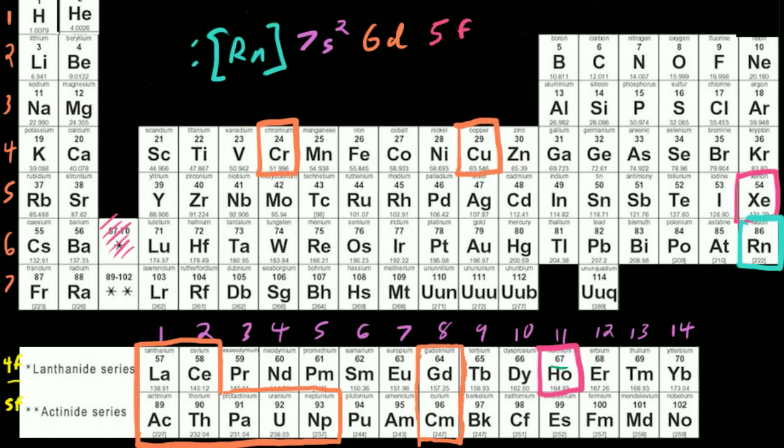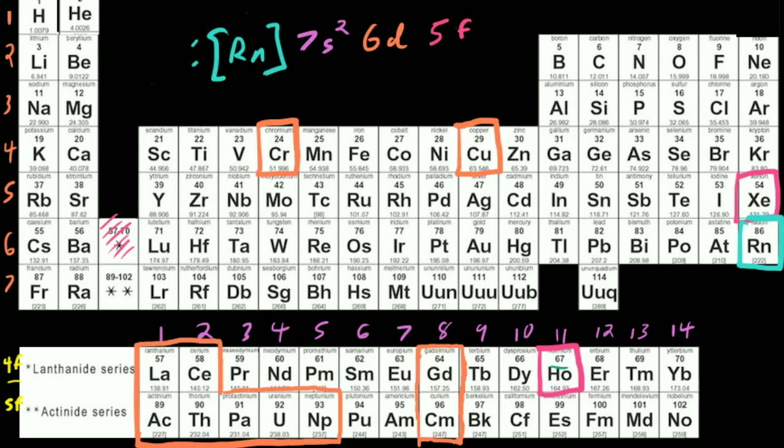So for actinium, what would we expect? Well, we wouldn't expect any electrons in our d orbital, right? We would expect to find 7s2, 6d0, so no electrons in the 6d orbital, and then 5f1, right?